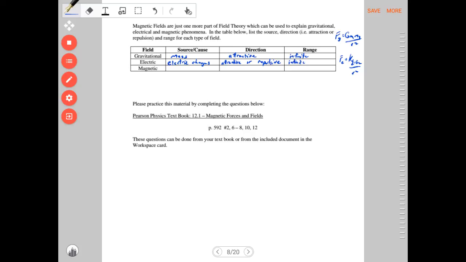And lastly, we have magnetic fields, which of course are caused by moving charges or permanent magnets.